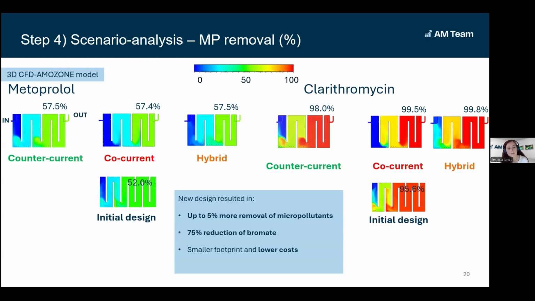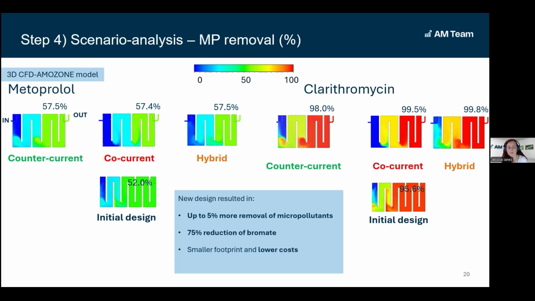And also in terms of bromate formation, if we look at the hybrid configuration, we actually could reach a 75% reduction of bromate, which was very significant due to the restriction and the high levels of bromide in the influent. And also thanks to what we could observe in terms of ozone residuals, but also if we look at the micropollutant removal and bromate formation, we see that after the fourth chamber, the results are quite similar and stay constant in the subsequent chambers.